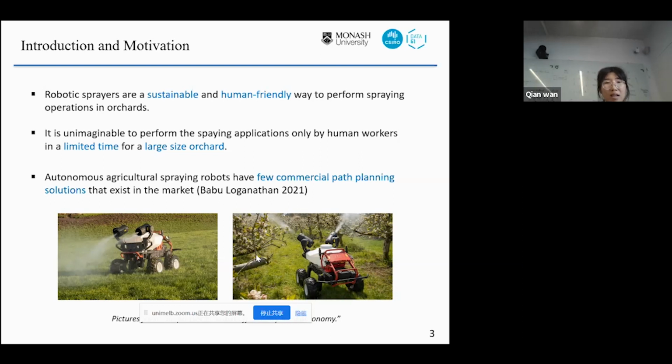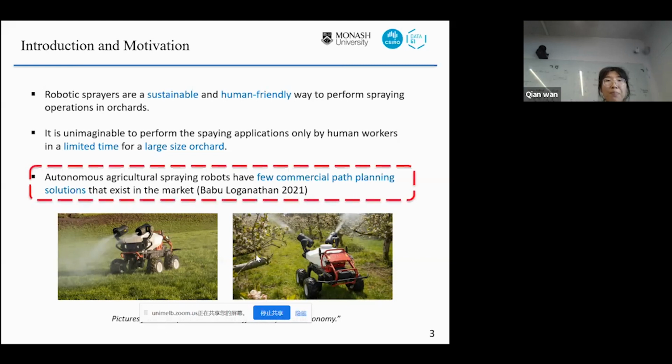Consequently, robotic sprayers have gained popularity for achieving spraying operations in orchards, farmland, and other agricultural areas. However, few commercial path planning solutions exist in the market. So to address this problem, our research aims to identify the optimal path for agricultural spraying problems.